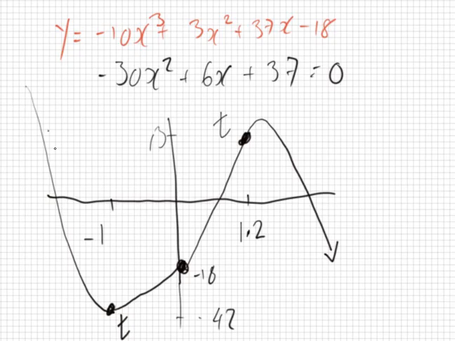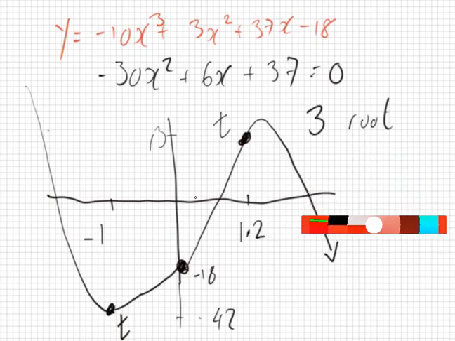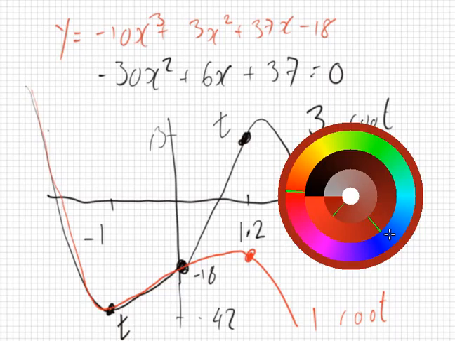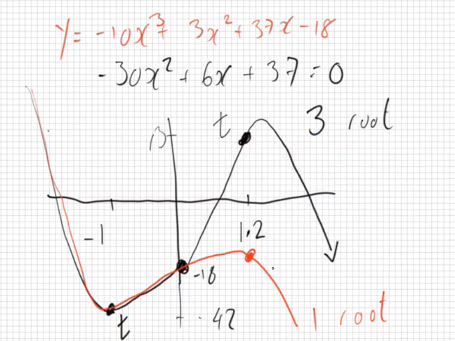So what situation then would I need for it to have 2 roots? So here is 3 roots, and then we put in, as an example, red. If the turning point was down here, then that would be 1 root. So what would I need for it to have 2 roots? When it's 0. When it's at 0.